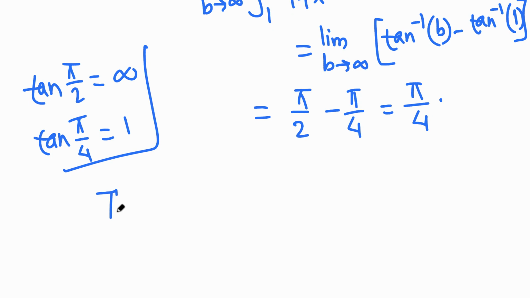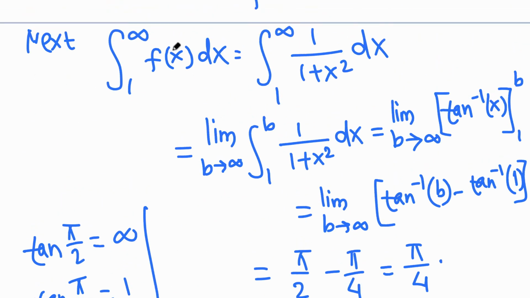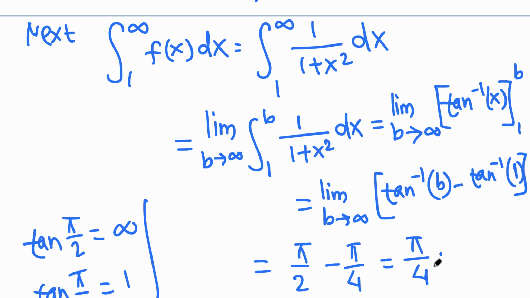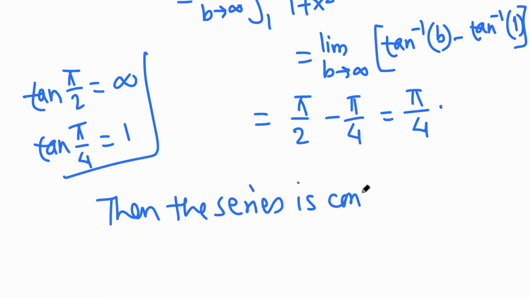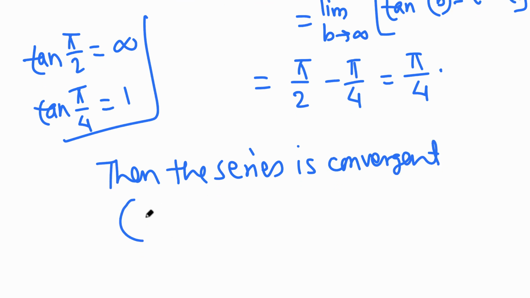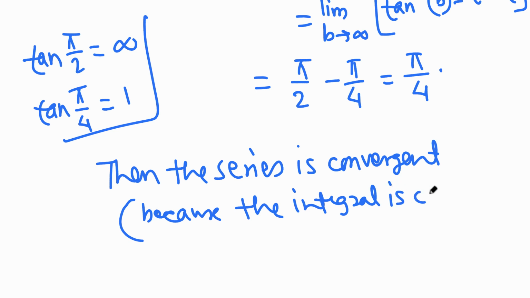So then the series is convergent because this improper integral is convergent. Integral convergent means it's got a finite number. Okay.